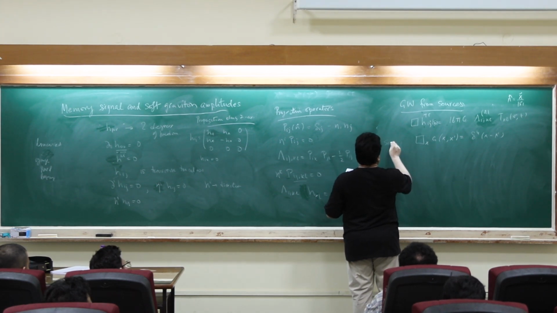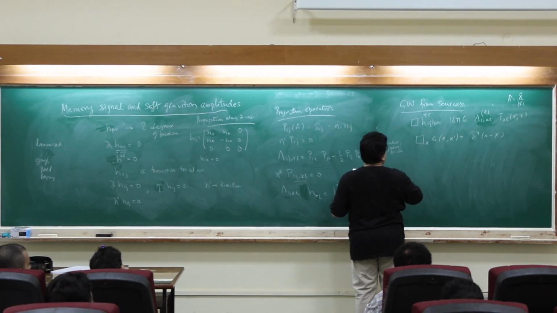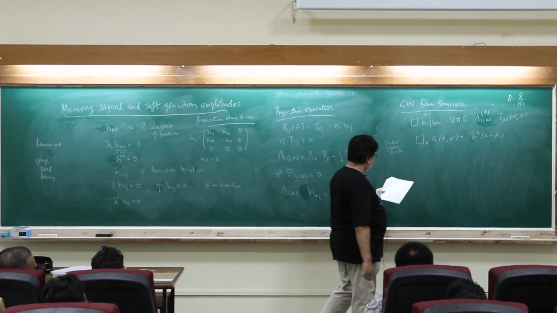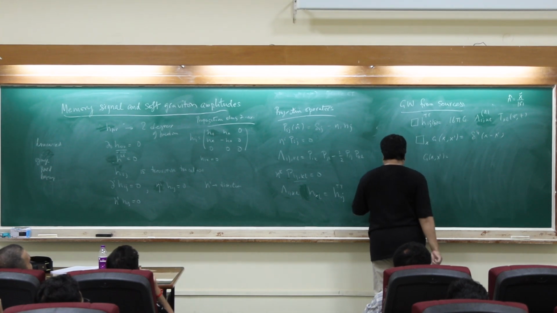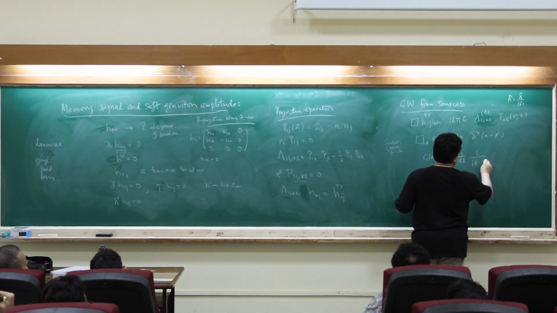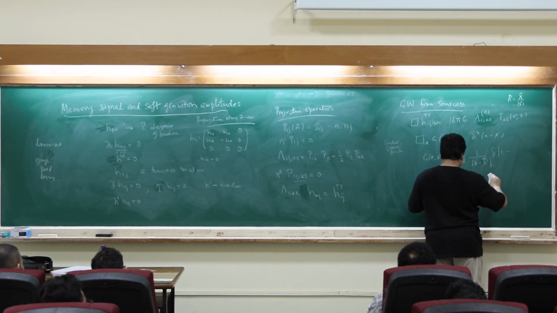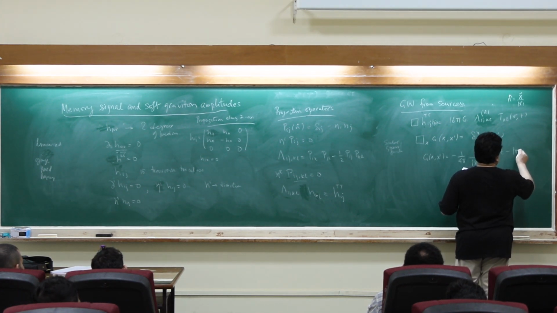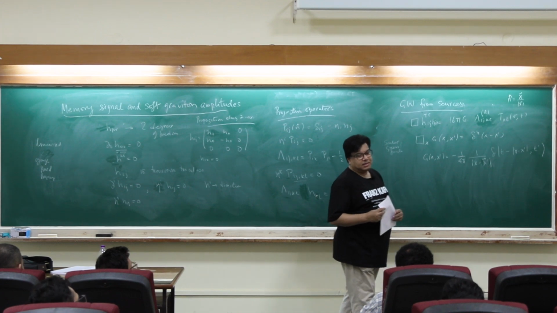This is the scalar Green function, and this is solved by minus 1 upon 4 pi |x minus x prime|.